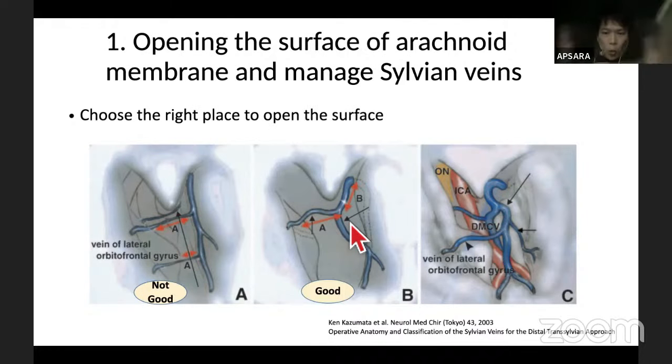You can make a wide view. So the first step is to consider which area of the Sylvian vein is better to reach the target area. It's the important point.